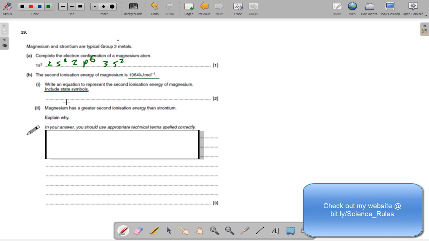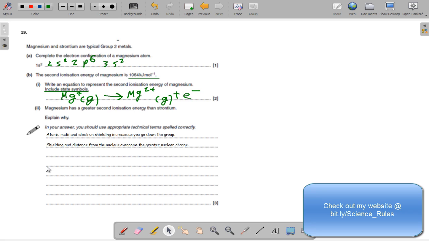And for the equation, Mg+ gaseous goes to Mg2+ gaseous plus e minus. And the atomic radii and electron shielding increase as you go down the group, the shielding and the distance from the nucleus overcome the greater nuclear charge. And for the third mark, spelling the words electron shielding and atomic radii correctly would have got you the marks.